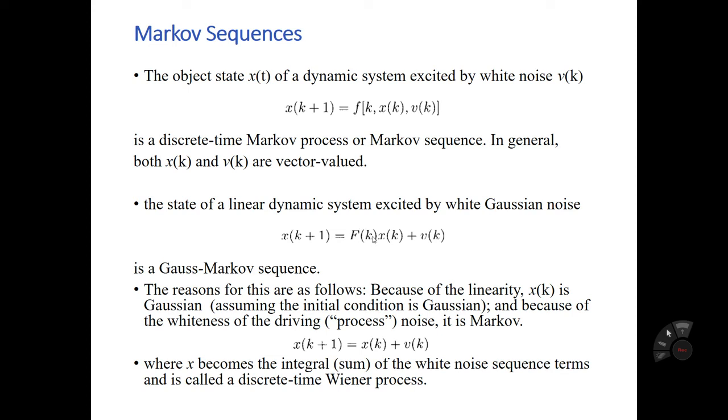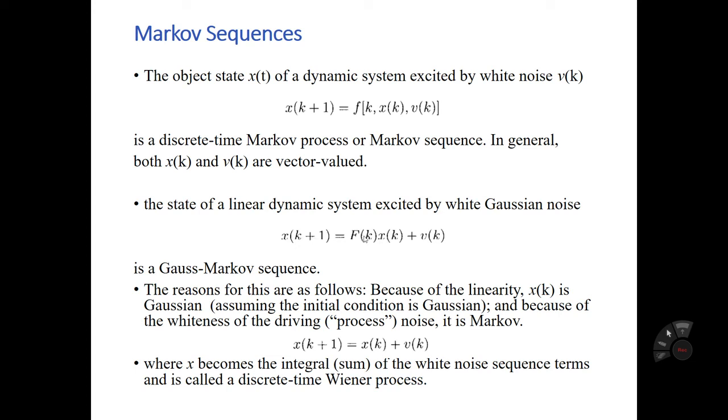F of k is a transition matrix which is used to calculate the transition of x, a time valued matrix. When we multiply this time valued matrix with x, it calculates the velocity contribution, and it is added to x to give x k plus 1.